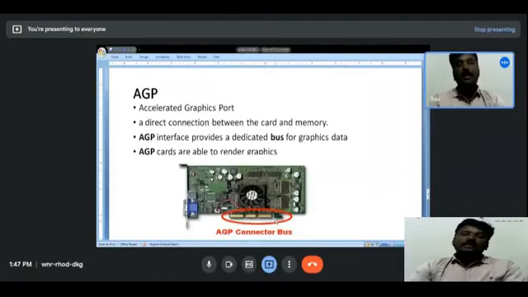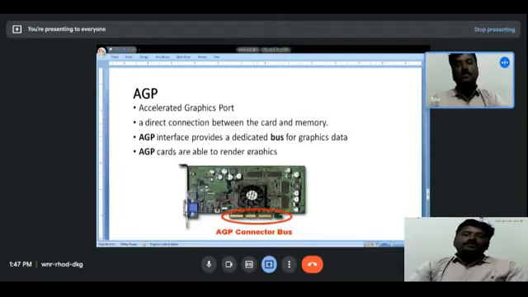Okay, next one is AGP, Accelerated Graphics Port. It is nothing but a direct connection between the graphics card and the memory. The AGP interface provides a dedicated bus for graphics data or animation data.